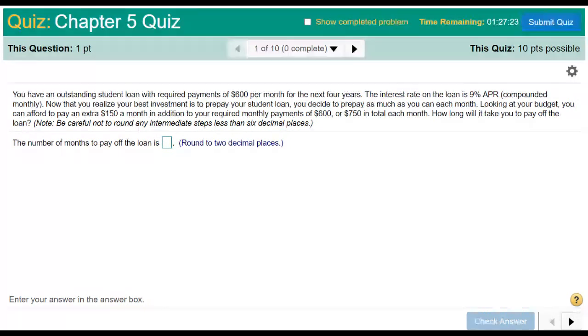Is it 24,100? That's more like it. Hold on one second. Wait, we were computing for future value, not present value? Just put 0 for your future value, I think.